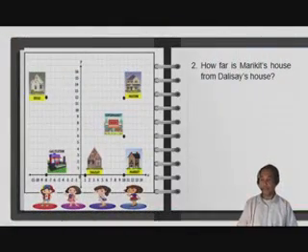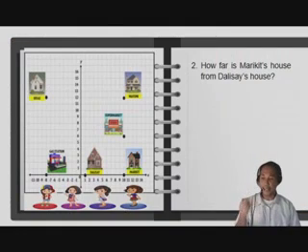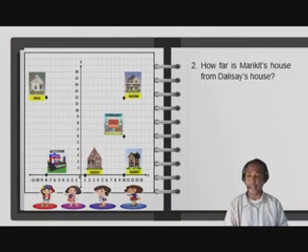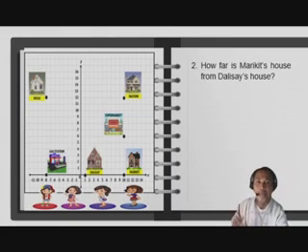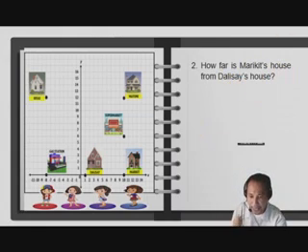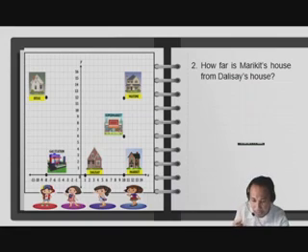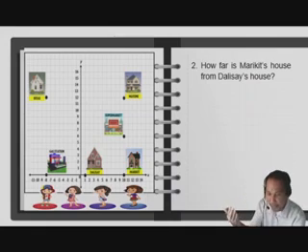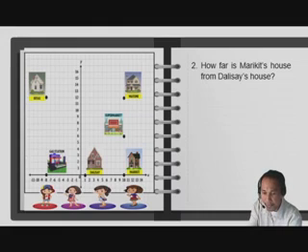How far is Marikit's house from Dalisay's house? So kailangan alam natin kung nasaan matatagpuan ang bahay nila Marikit at Dalisay. So saan natin makikita yon? So si Marikit ay nandito. Ang kanyang coordinate is +10, 0.